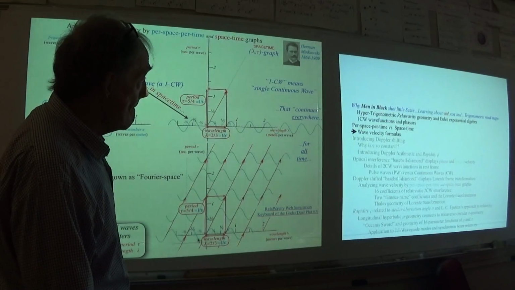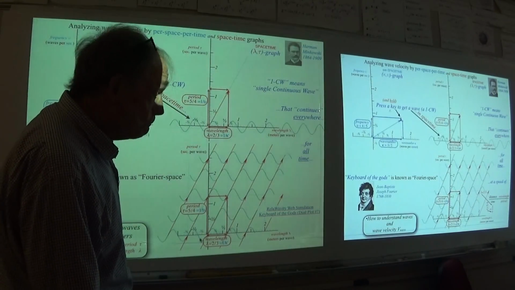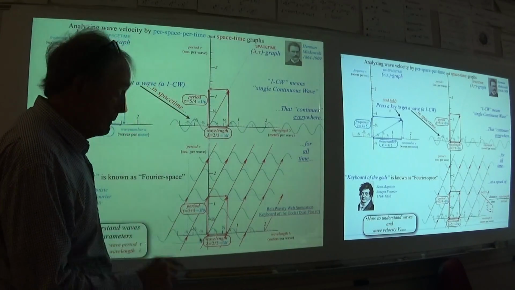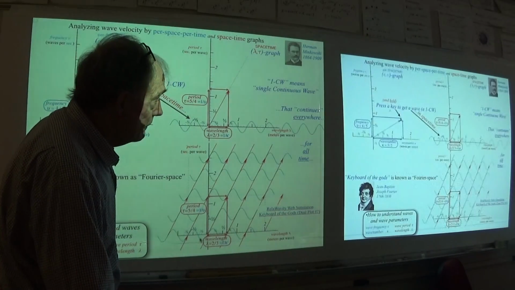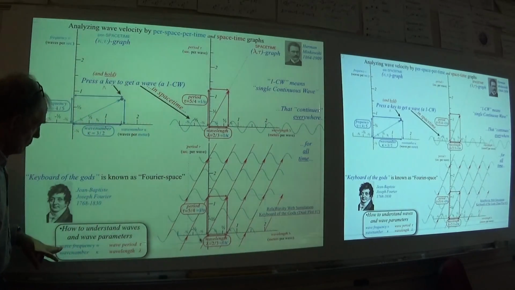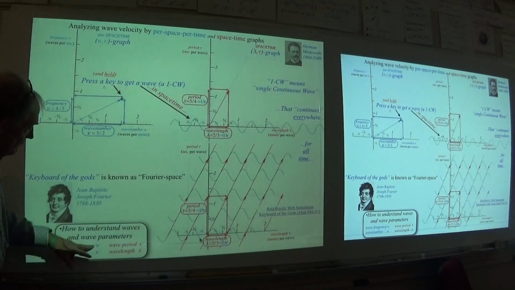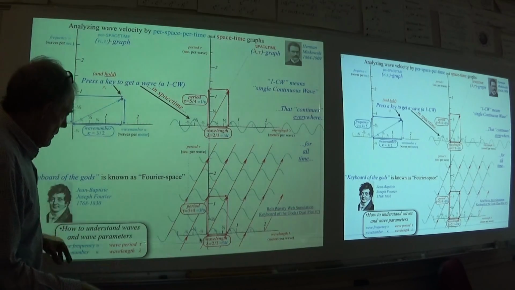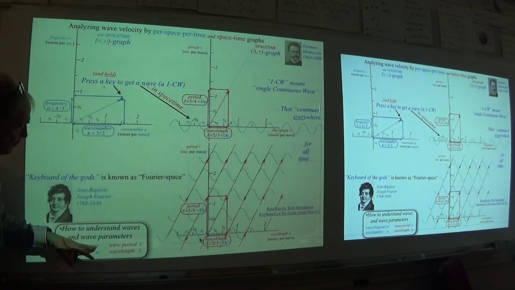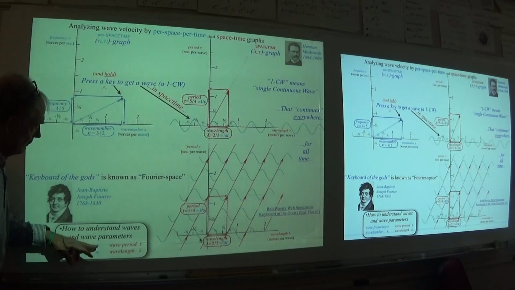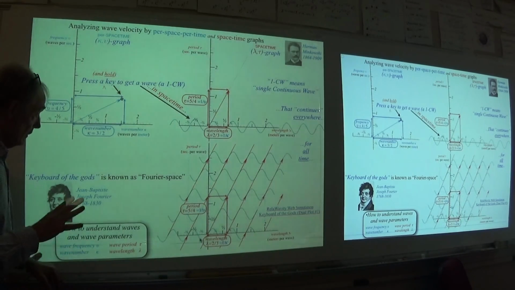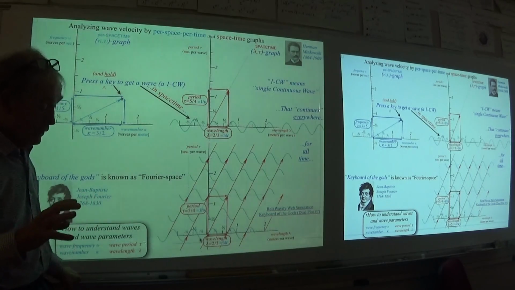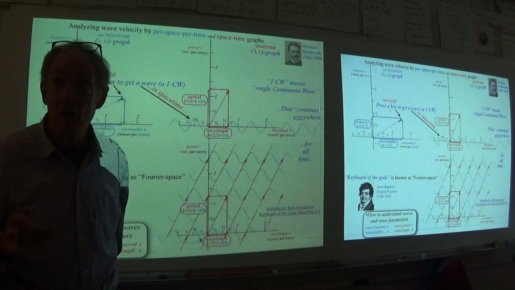All right. Now, next thing I want to talk about. This is first of all, here's where you learn about the wave parameters. Wave frequency, nu. Well, the nu is related to the omega, the thing that I call wiggles.